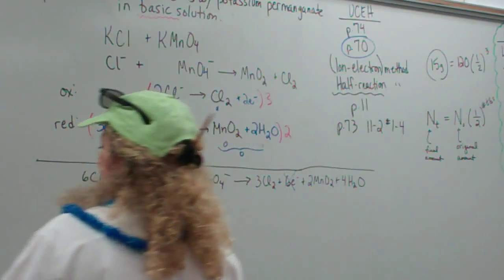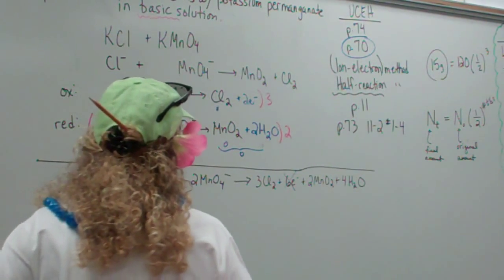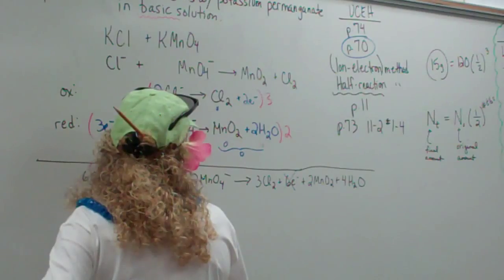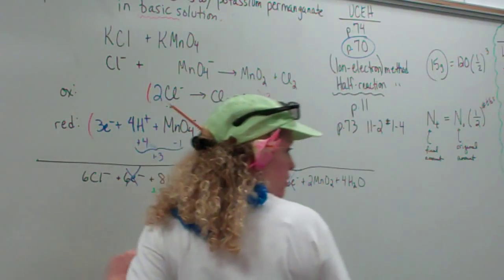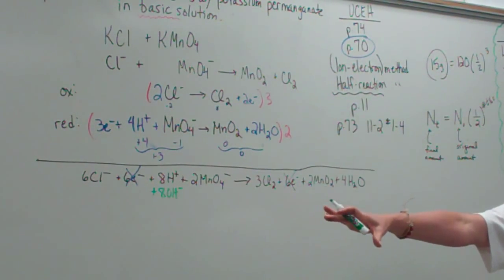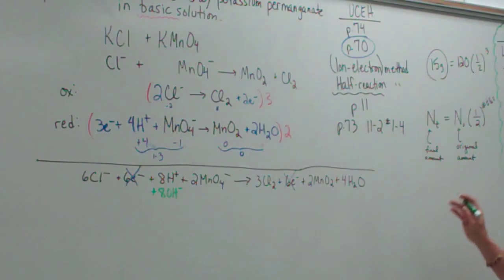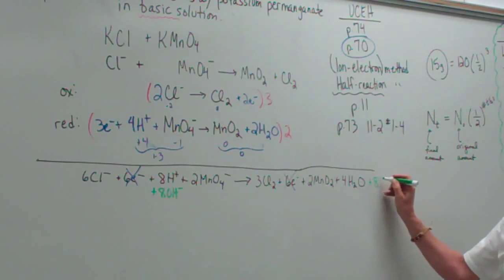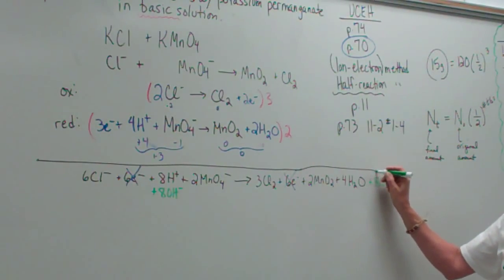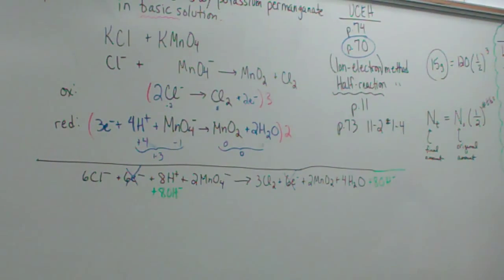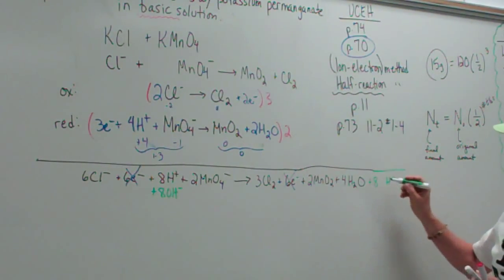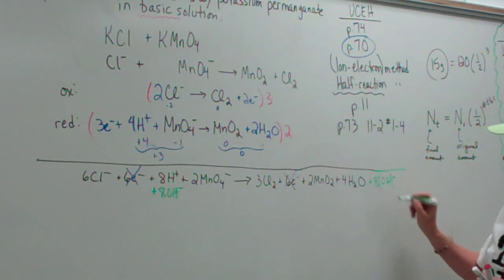So I'm going to add the basic ion. I'm going to add 8 OH negatives here, and what I do to one side, I have to do to the other. It does look like 80, but it's not. 8 OH minus. Is that better?